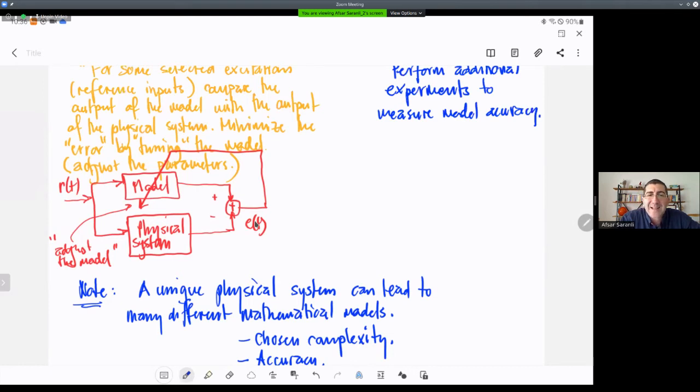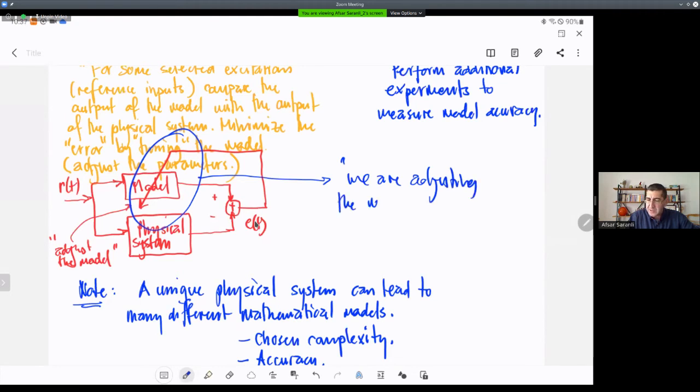No, that arrow over there is not an actual mathematical addition or subtraction or anything like that. Right? This illustration here simply means that we are adjusting the model, okay? We are adjusting the model parameters. Until the error is small enough, I guess. Yes, that's correct. And how you adjust the mathematical model parameters kind of depends on what kind of process you are using.